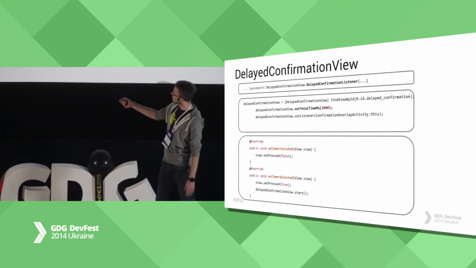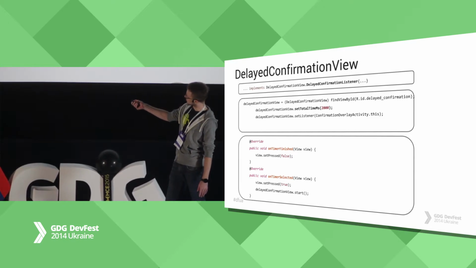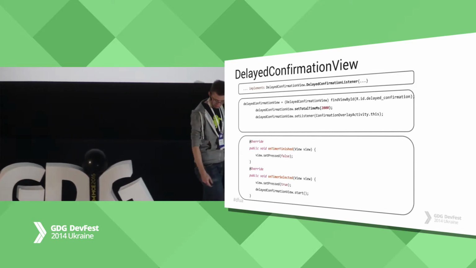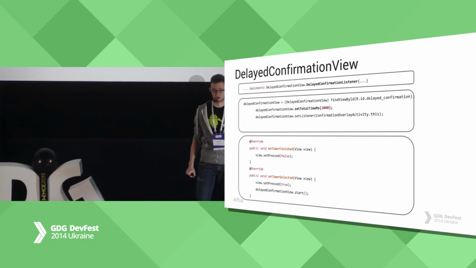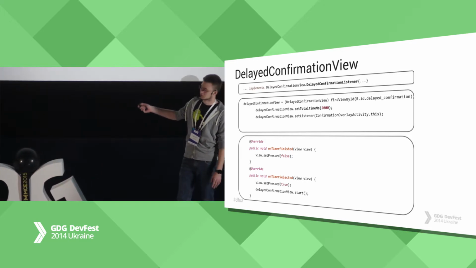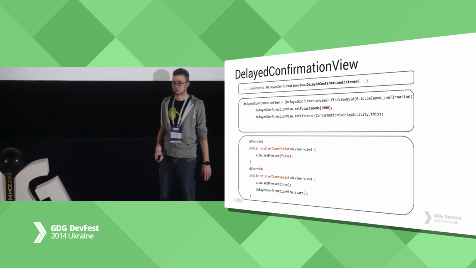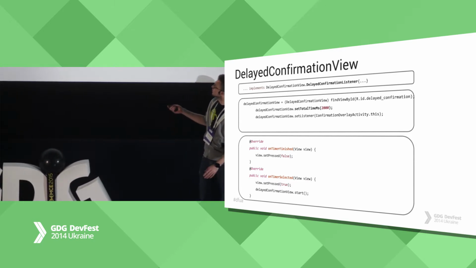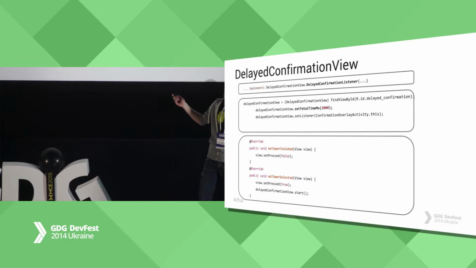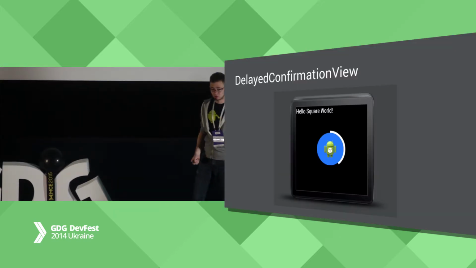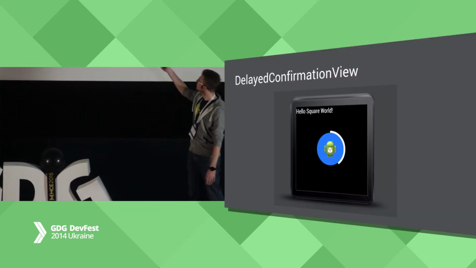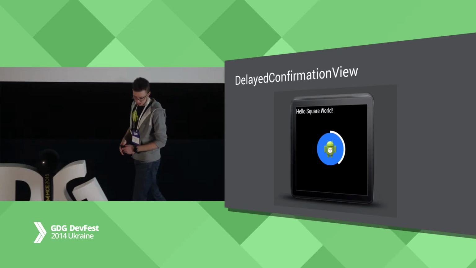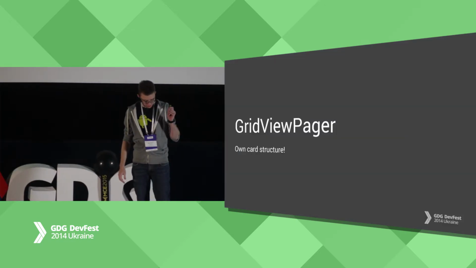And on the start, we will get called on timer selected, so the user called our action. And on timer finished, so the user didn't cancel our action, and it wasn't canceled during that time, so 2 seconds. It will look like that. It's quite nice, and it will fill out that round shape around our circle image view.